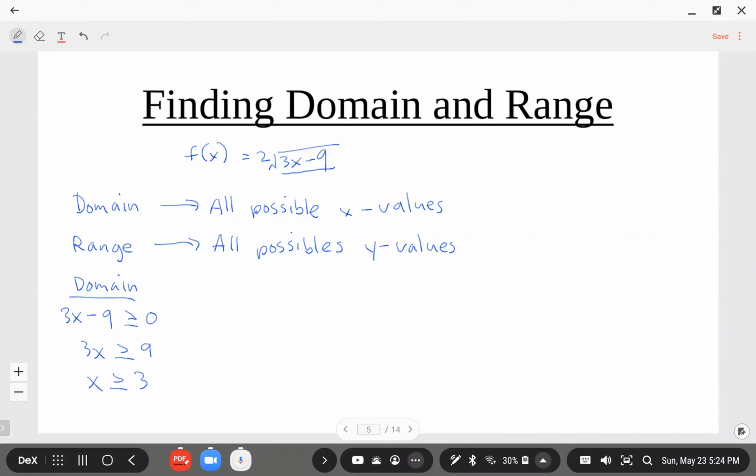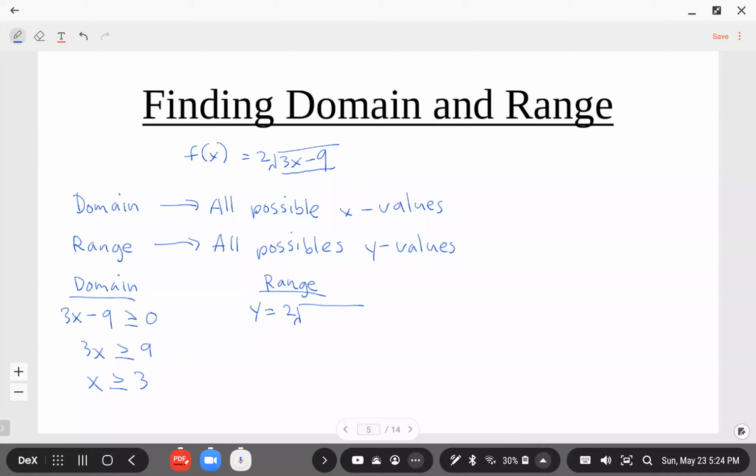And then we can look at the range. The range is very simple once you have the domain. So we have y equals 2 times the square root of 3x minus 9, and we just sub in 3 for x.